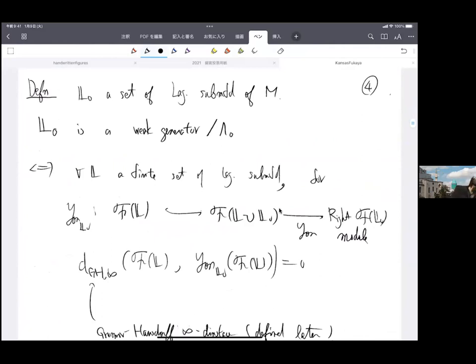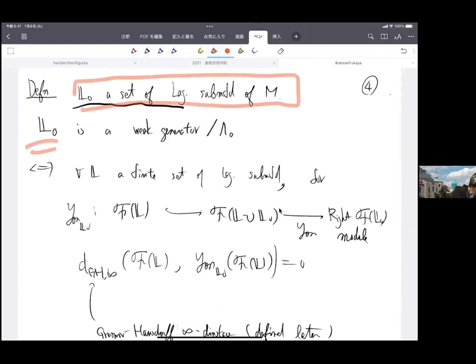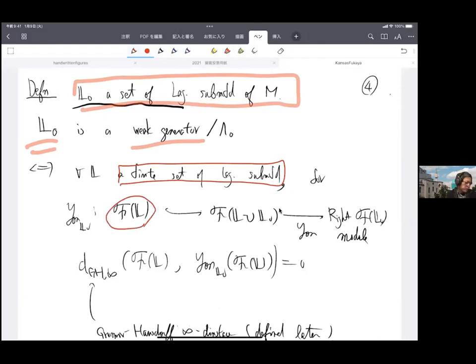Okay. So now using these notions, I want to define some next notions. So we consider a set of Lagrangian submanifolds of M. And I want to say that this set is a weak generator of this A-infinity category. It's the following thing. If you take any finite set of Lagrangian submanifolds of M, then we consider this category. So this is the A-infinity category whose objects are elements of L, and Floer homology is the morphism.